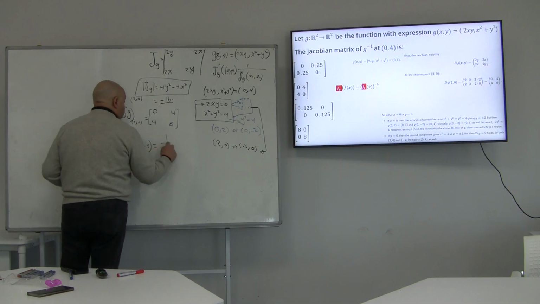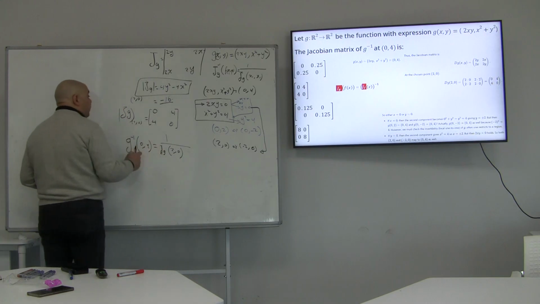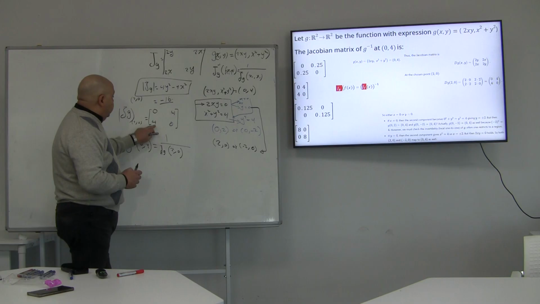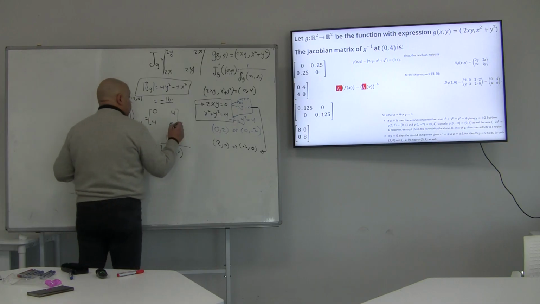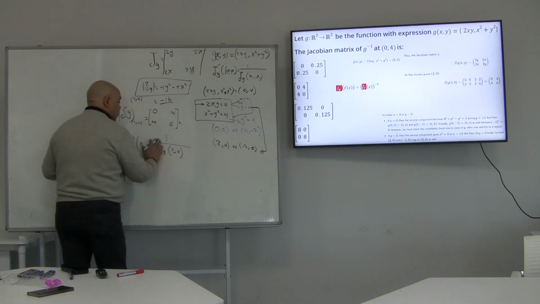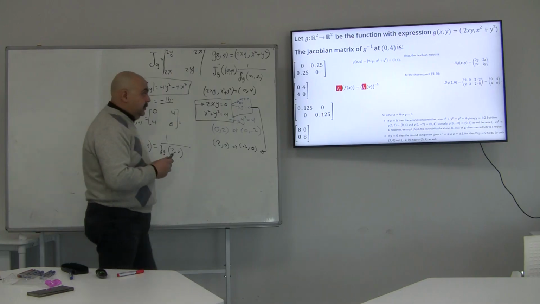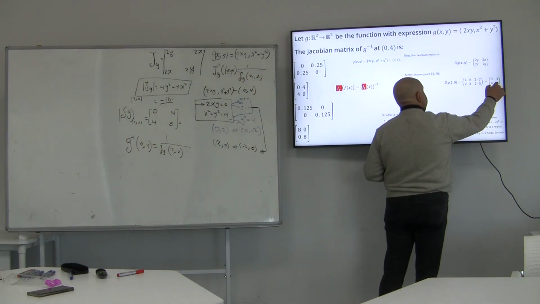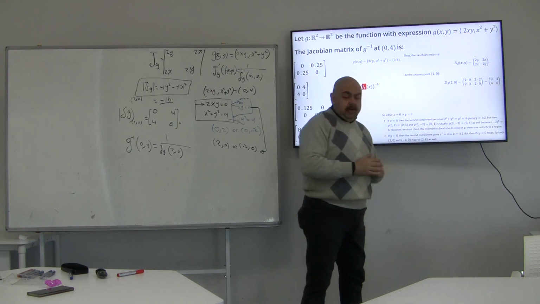it is equal to 1 divided by the determinant of the Jacobian of g at the point 2 and 0, which means I will have to get the inverse of this matrix. So this is 1 over the Jacobian, the determinant of the Jacobian at 2 and 0.